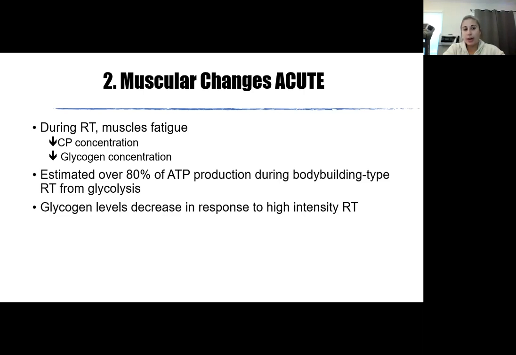Because we're producing lactic acid, we're producing hydrogen ions, and it's those hydrogen ions that contribute to feeling that burn. If you didn't feel the burn, you're in an aerobic system. Most of the time, if you're doing high intensity resistance training, you're not working aerobically. So understand that most of our ATP production during bodybuilding type training is actually glycolysis.